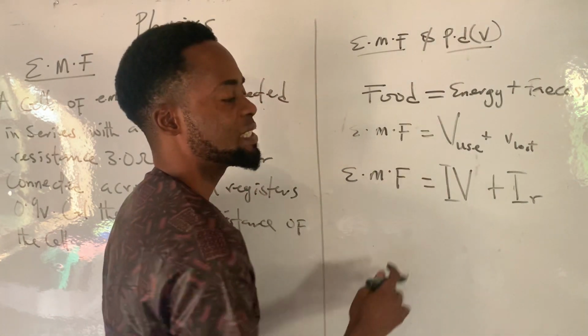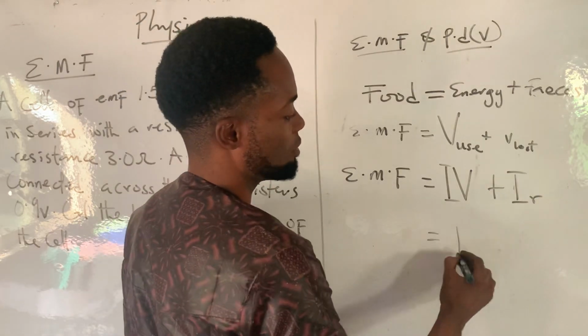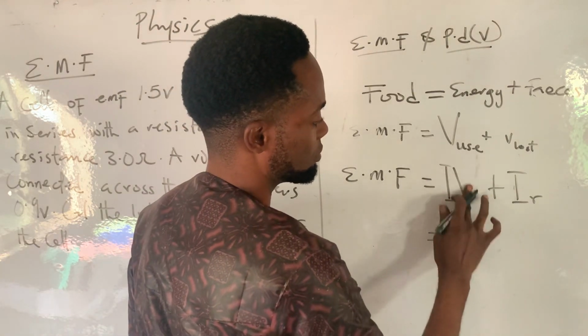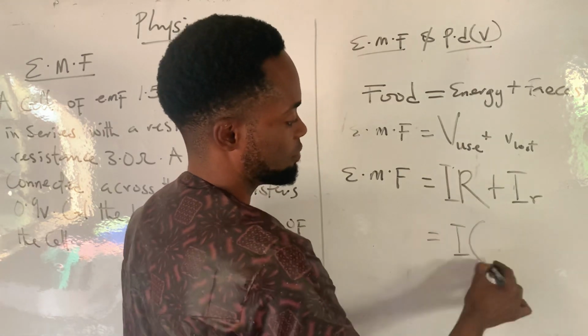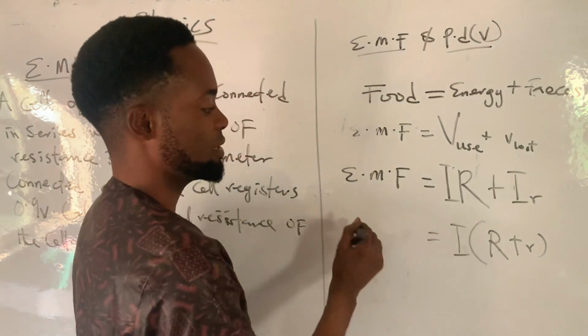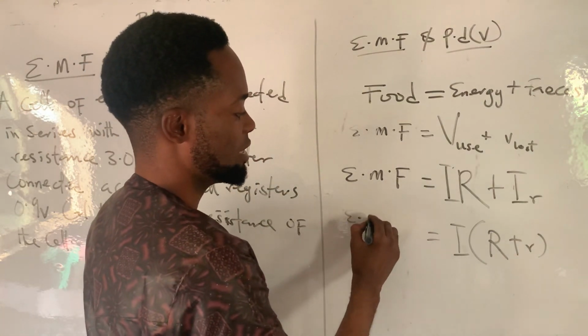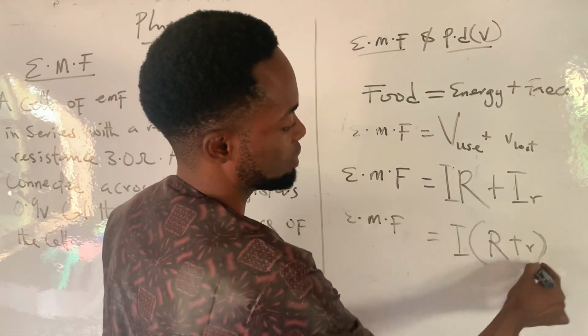The lost voltage is due to internal resistance. So from here, our V is IR. So we have EMF equals I(R plus small r). This is the formula for our EMF, the formula to use easily.